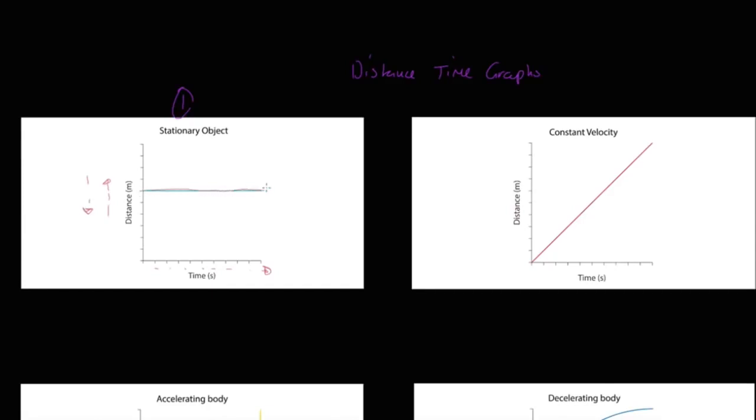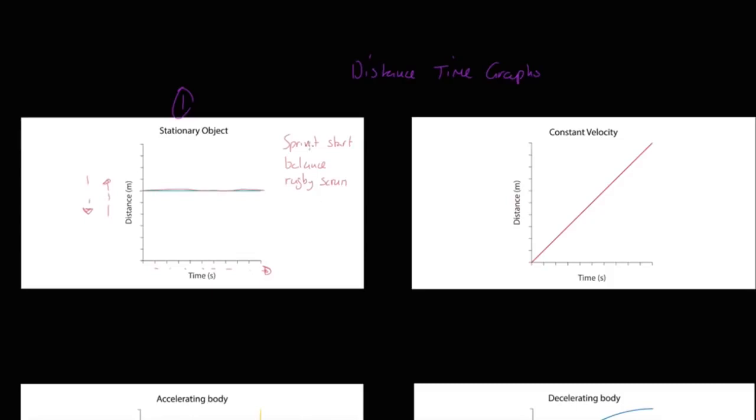So we've got a stationary object. What would be an example of this? Somebody waiting at a sprint start, a balance, a rugby scrum. Assuming it's not moving, all of these would be examples of how we'd see this distance time graph playing out.